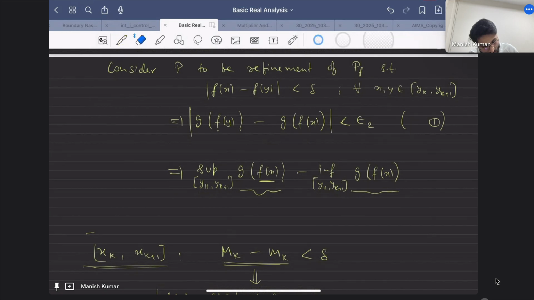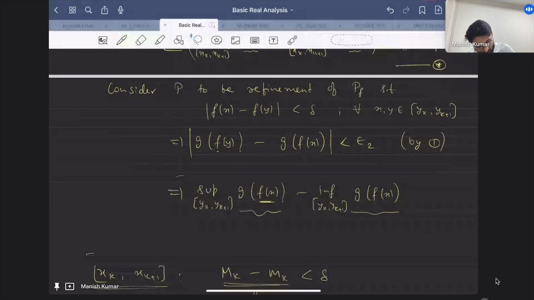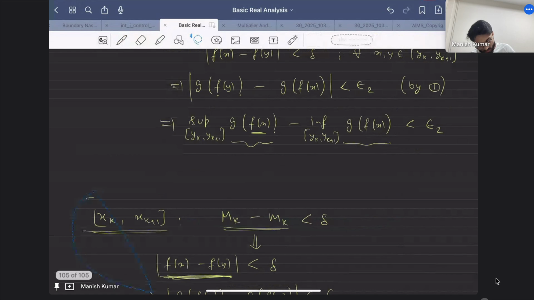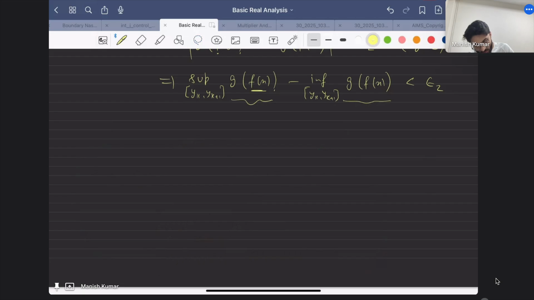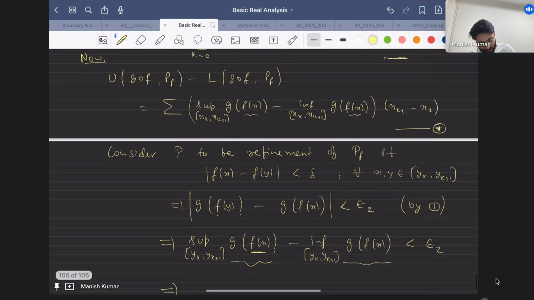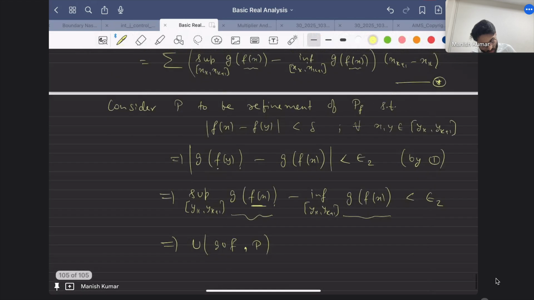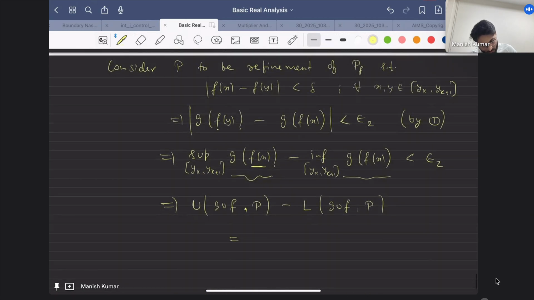Okay, and now I can say that the supremum, this gap, is also going to be less than epsilon 2, and this will tell me that if I look at this summation U(g∘f, P) on this refinement P, but I'm missing something probably, just a second, I will see, L(g∘f, P), then this gap I know is less than epsilon 2.